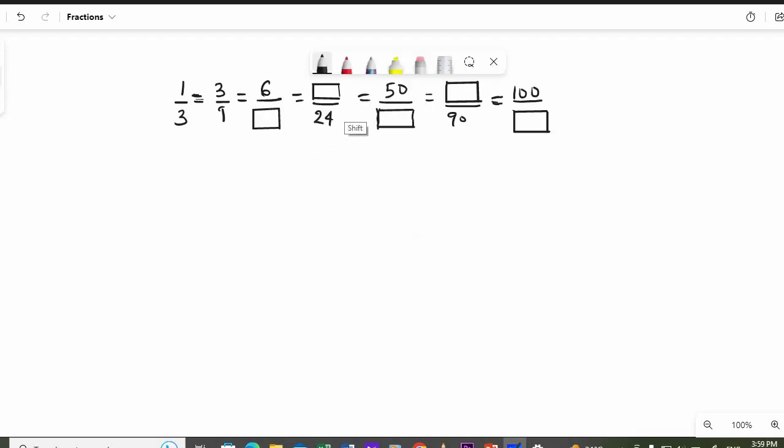Say we had 1 over 3 here equals 3 over 9 equals 6 over blank space equals empty spaces. How do we fill them?